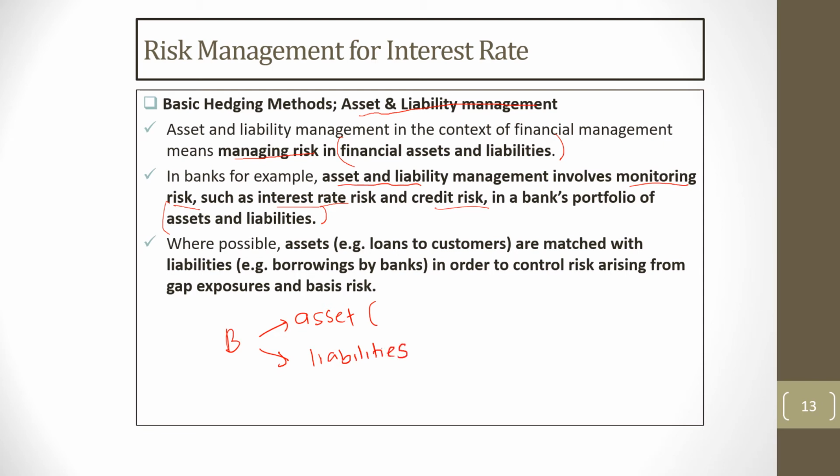Okay, bagi bank, asset adalah when dia provide loans to the customer. Tapi kalau liabilities, when a customer deposit duit di bank.